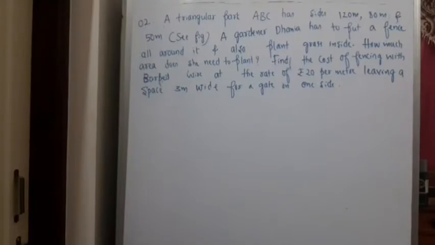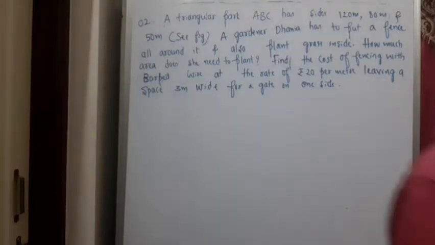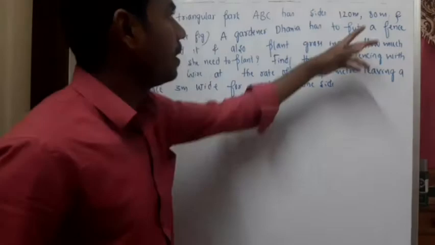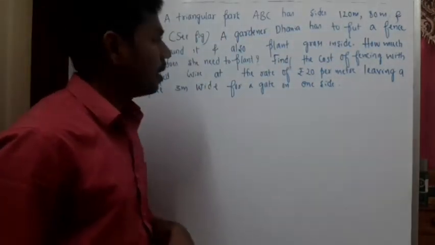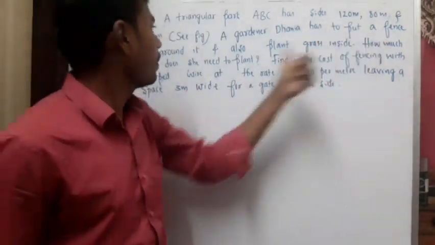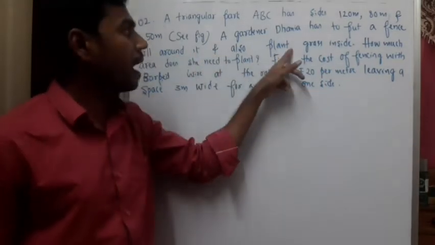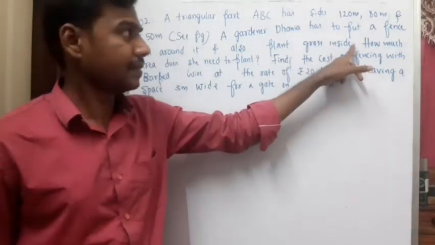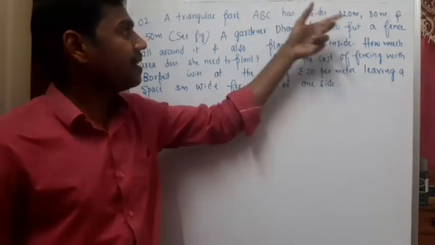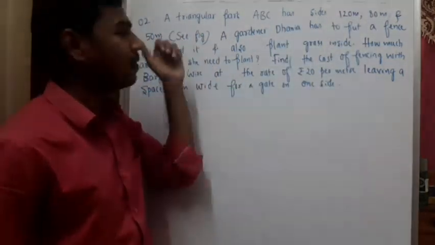So second example, a triangular park ABC has sides 120 meter, 80 meter and 50 meter. Our gardener Dania has to put a fence all around it and also plant grass inside. Can you imagine 120 meter, 80 meter and 50 meter?